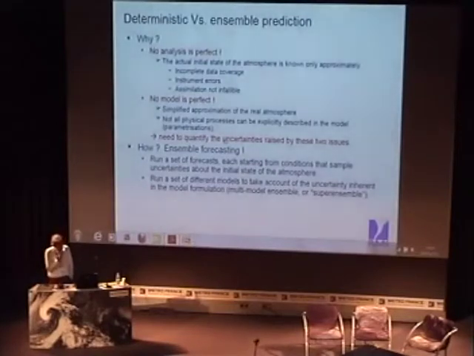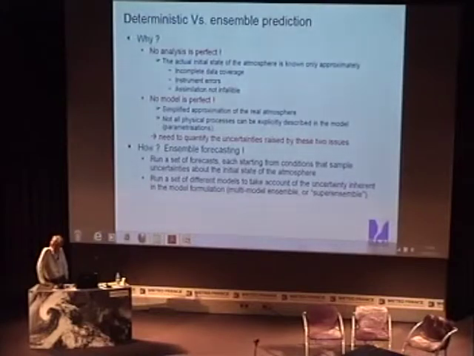So we've seen that no analysis is perfect. We can't escape the fact that the initial state of the atmosphere is known only approximately. We have incomplete data coverage, instrument errors, assimilation that is not infallible, and also the model is a simplified approximation of the atmosphere.